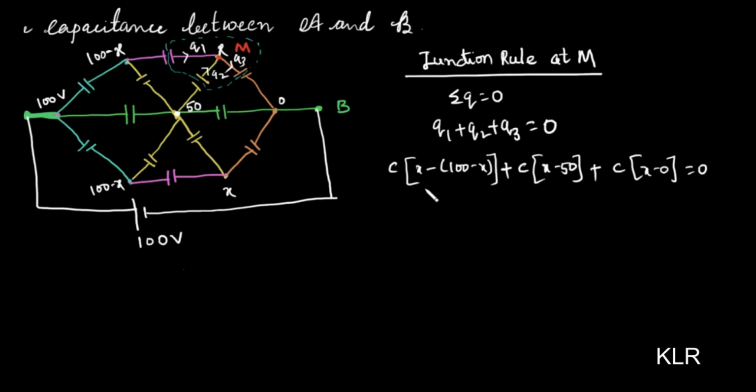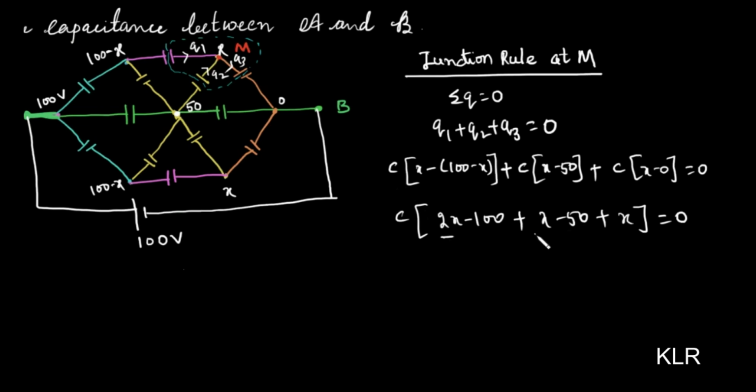Now I will take C common, so this is X minus of minus is plus, so X plus X is 2X: 2X minus 100 plus X minus 50 plus X is equal to 0. Either C is equal to 0 or this term is equal to 0. C cannot be 0 because it's the capacitance of the capacitor, so this term has to be 0.